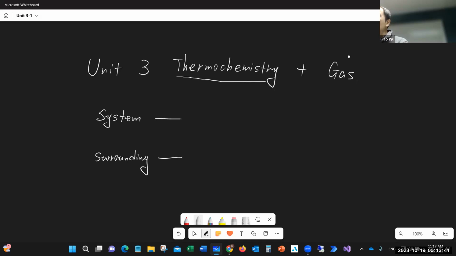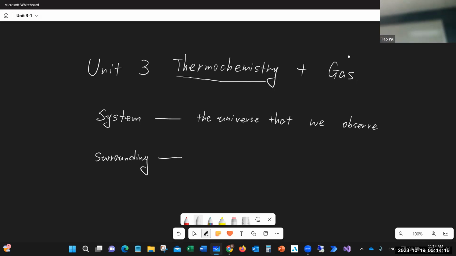By definition, the system is the universe that we observe. So what does that mean? It really depends on what the scientists try to observe.